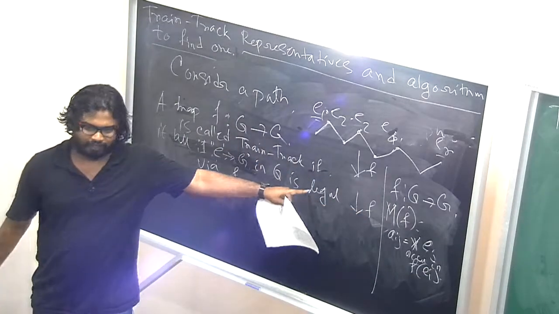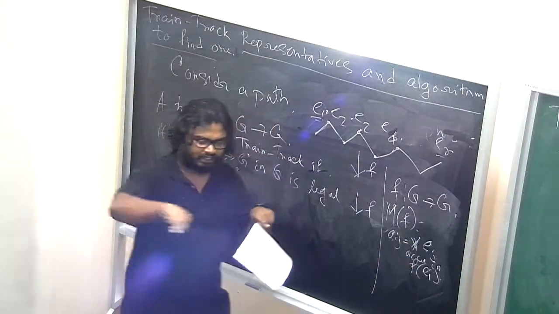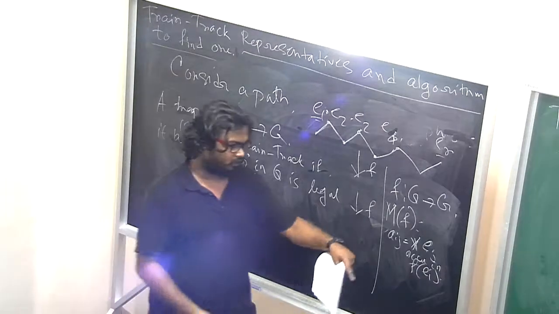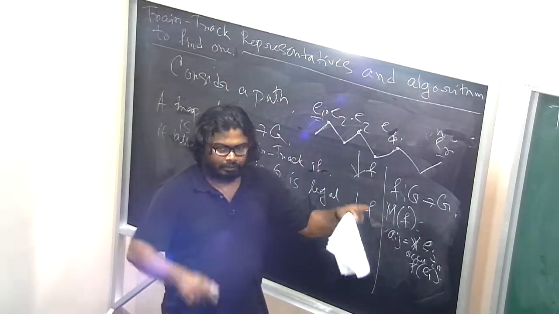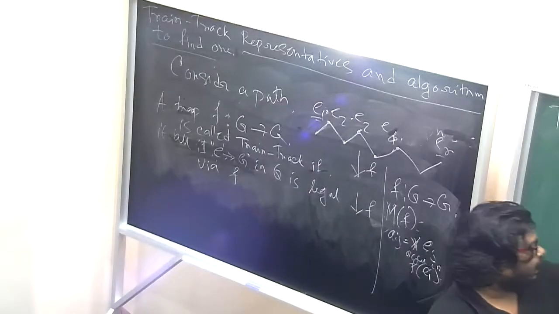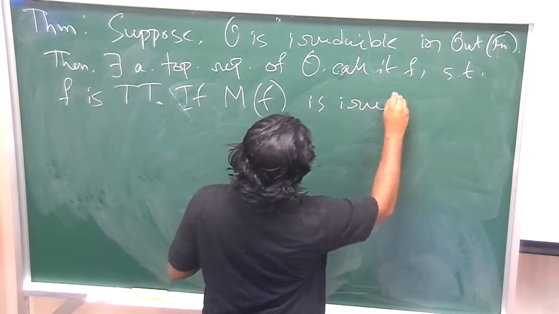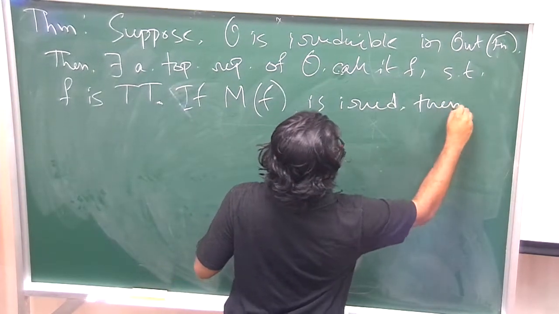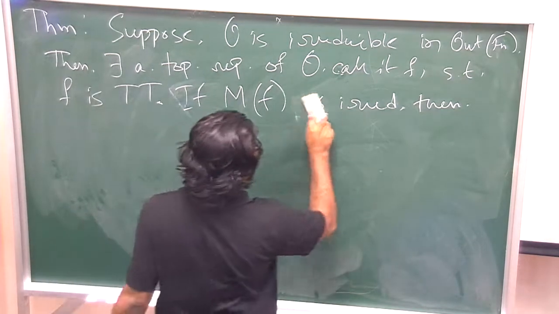We have already defined that in some previous lecture. The direction of ej doesn't matter; the map just passes through ei, and we count the number, which gives me a matrix. If M(f) is irreducible, then M(f) is always tight.